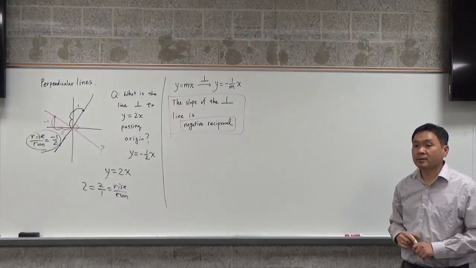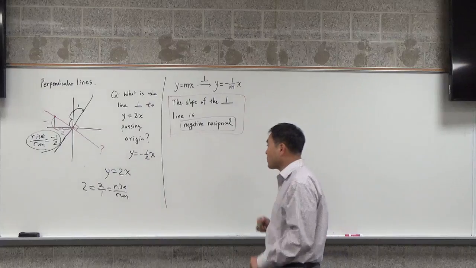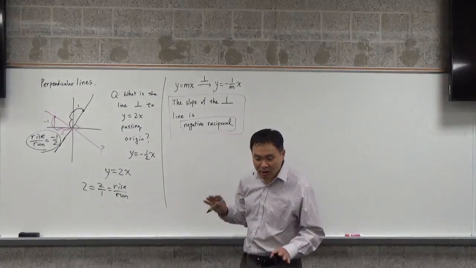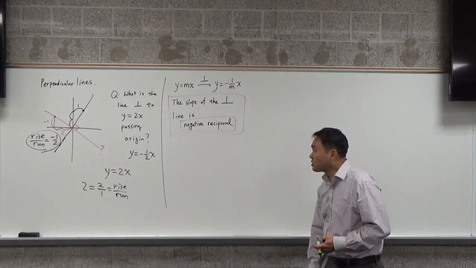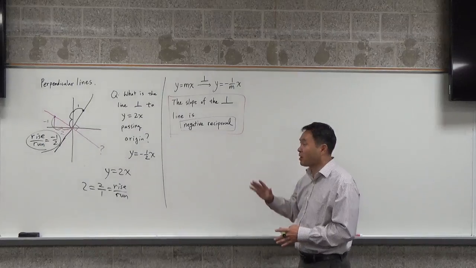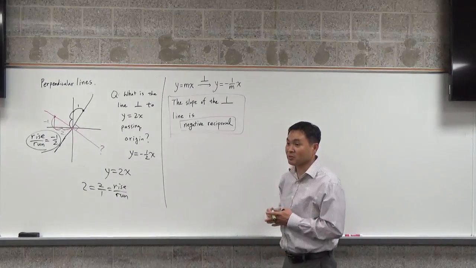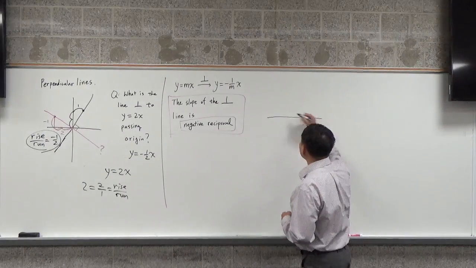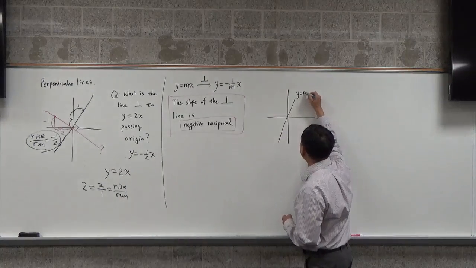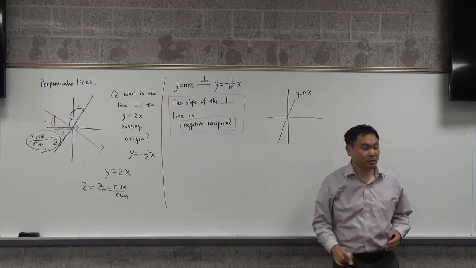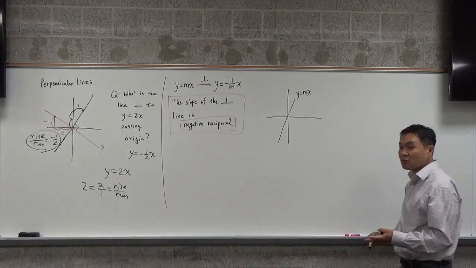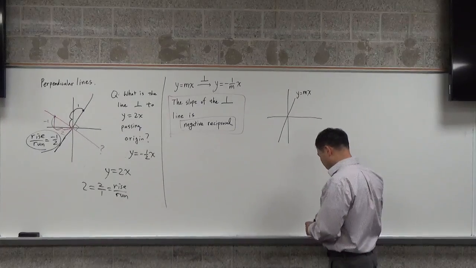Okay. Now, here's another argument. Rather than giving you an example question, let me give you a second argument to see why this formula makes sense. Suppose you have y equals mx. That's the line with slope m.